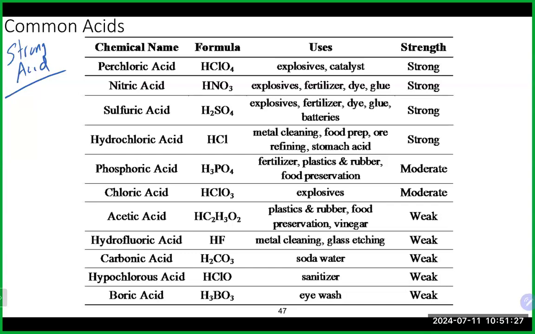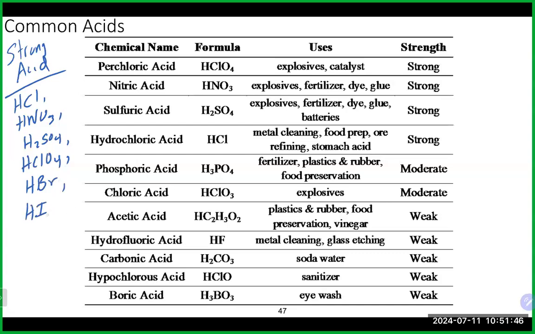And as you move on into 200B, that's your hydrochloric acid, that's your nitric acid, that's your sulfuric acid, that is your perchloric acid, that is your hydrobromic acid, and your hydriodic acid.